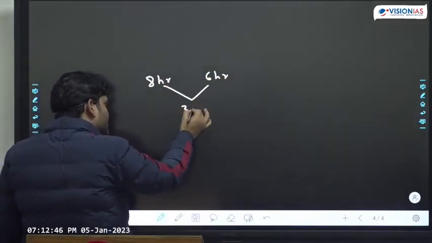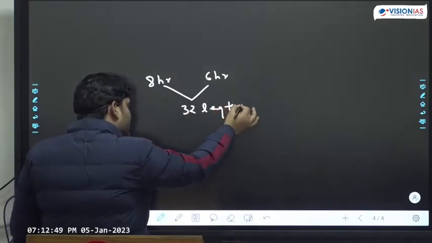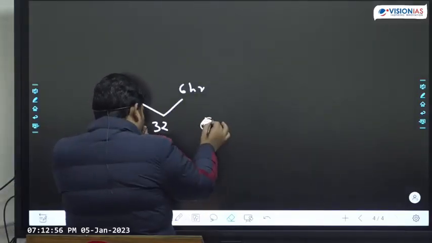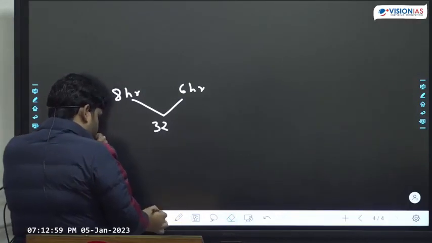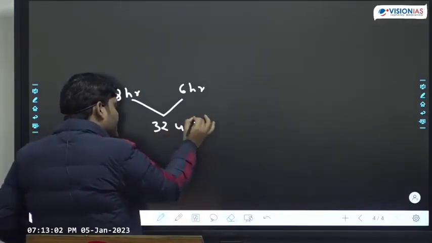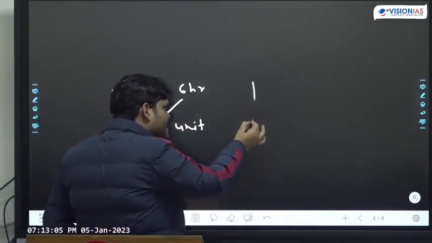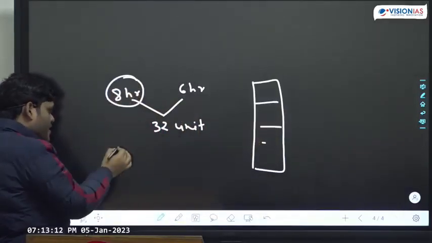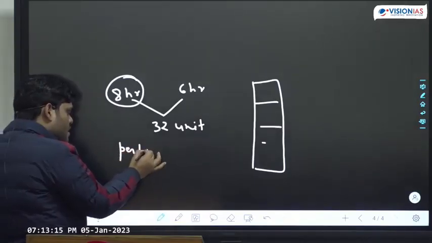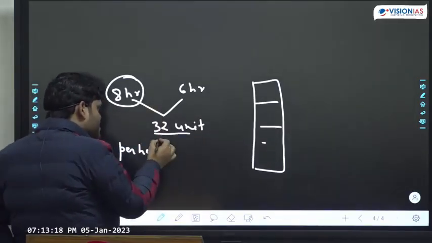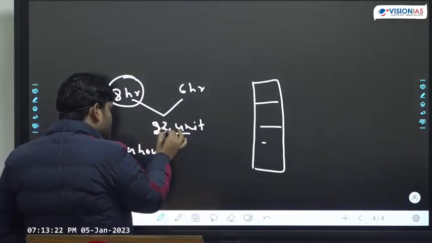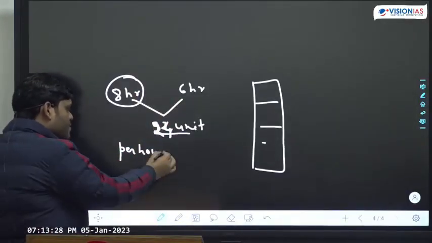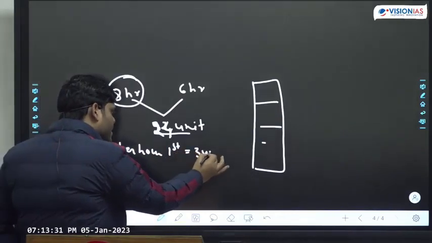So we will take 32 units as the length of each candle. Sorry, the LCM of 8 and 6 is 24, not 32. So each candle is of length 24 units.